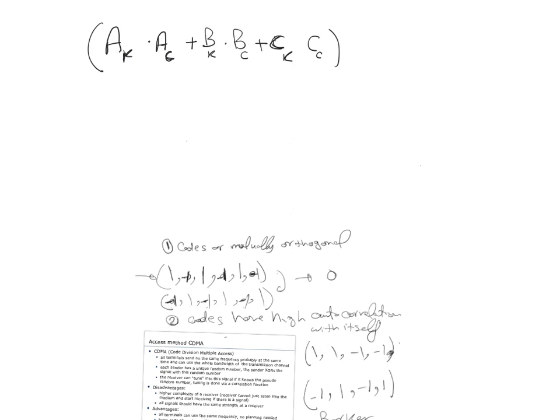So you are a receiver, and you select whatever data you want to receive. You want to receive the data from A or B or C. If you want to select the data from B, you use the code for B, which means you use BC.